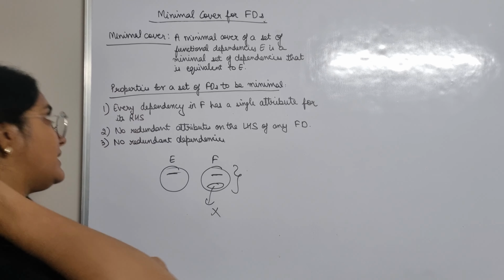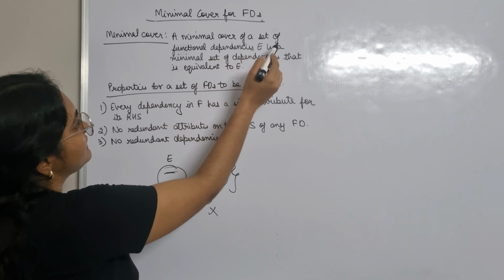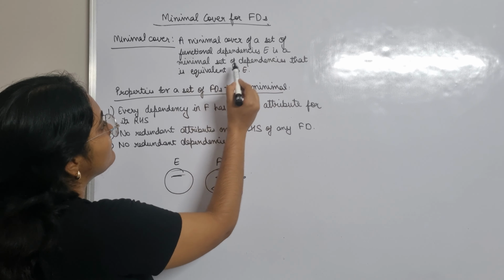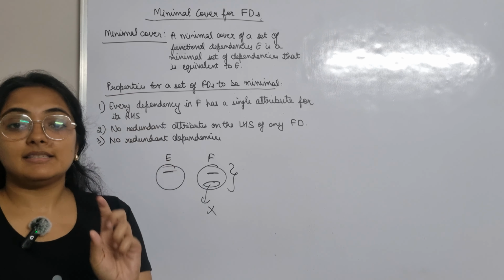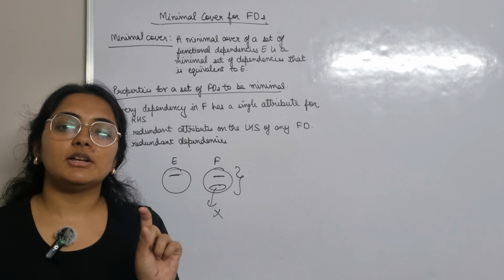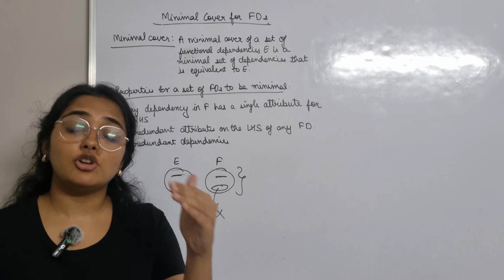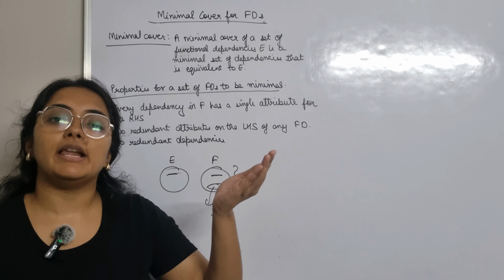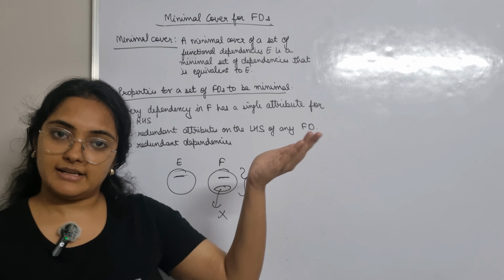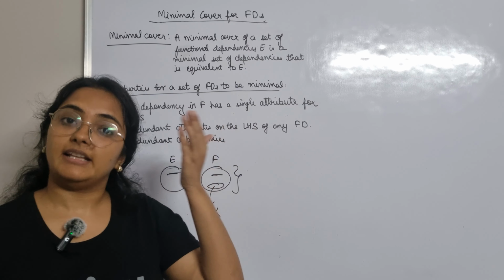So what does the definition say? A minimal cover of a set of functional dependencies E is a minimal set of dependencies that is equivalent to E, right? Which means that particular set should be minimal, that is, it should not be able to be reduced further, and that set should still be equivalent to our earlier set, for which we are finding the cover.